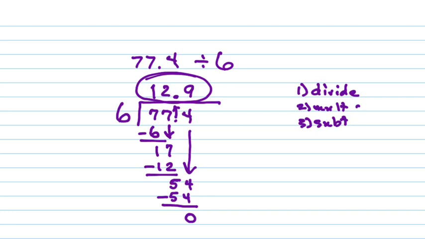Again, remember, some of you are going to still be a little weak with your multiplication tables. That's fine. You just take your time and use some strategies. You can even list some multiples of 6 if you need to, right? 6 times 1 is 6. 6 times 2 is 12, and so on, down to 6 times 10, which is really easy.